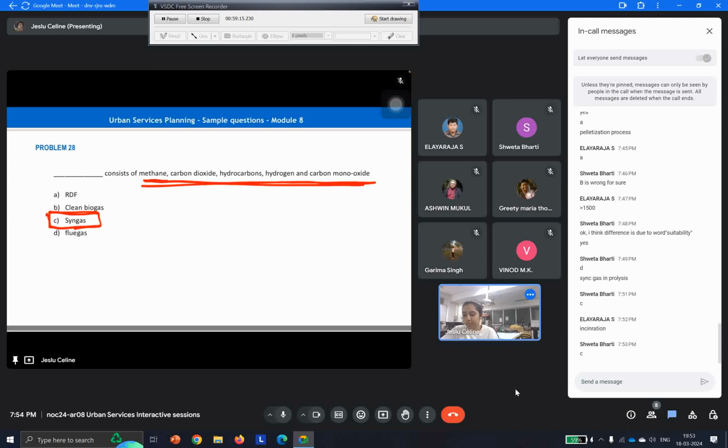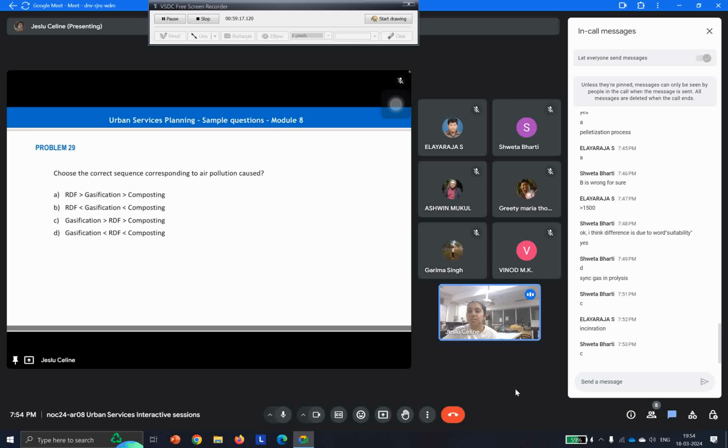It's given directly. Choose the correct sequence corresponding to air pollution cost. A, RDF, so it's a correct sequence, which means in ascending or descending order, it's given mixed. So RDF produces more compared to gasification, compared to composting.